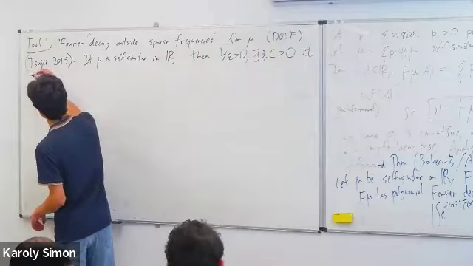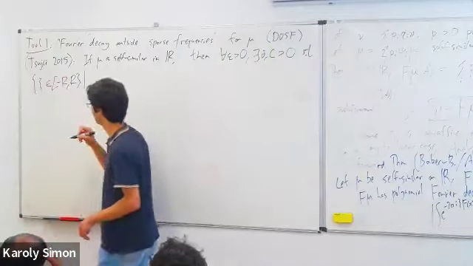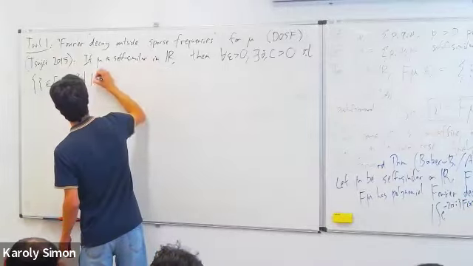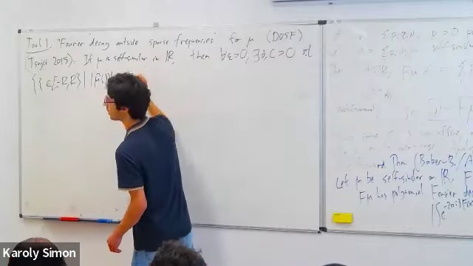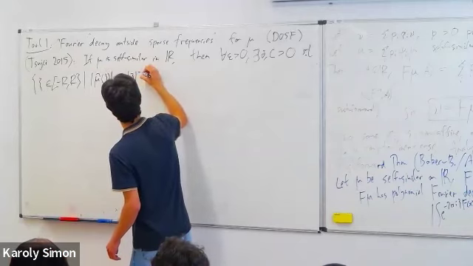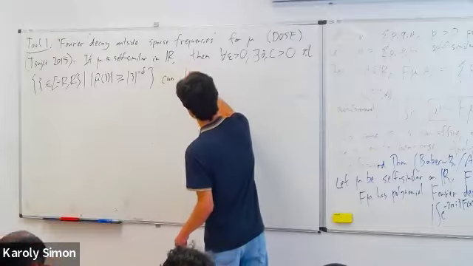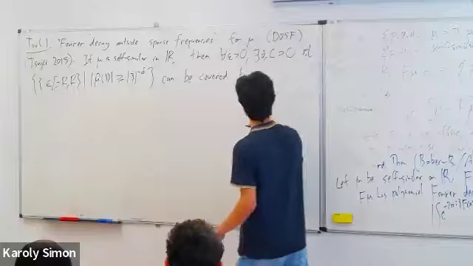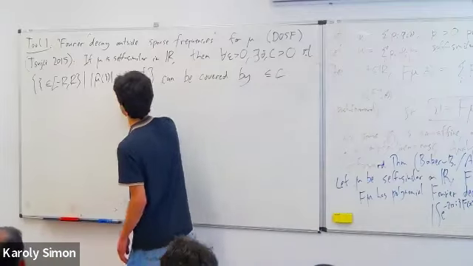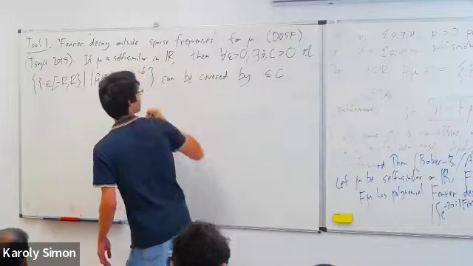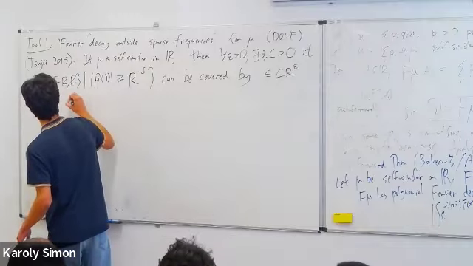such that if we consider the set of frequencies xi between minus R and R, where R is some large real number, for which the Fourier transform of mu does not decay very fast, so this in magnitude is larger than the modulus of xi to the power of minus delta, then this can be covered by at most C times, sorry, I think this should be in R here actually, C times R to the epsilon intervals of length 1.